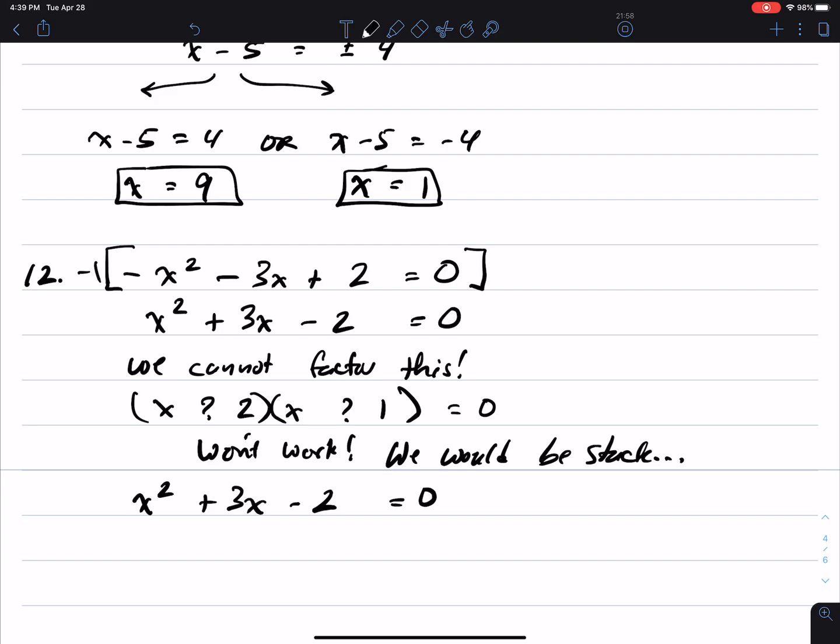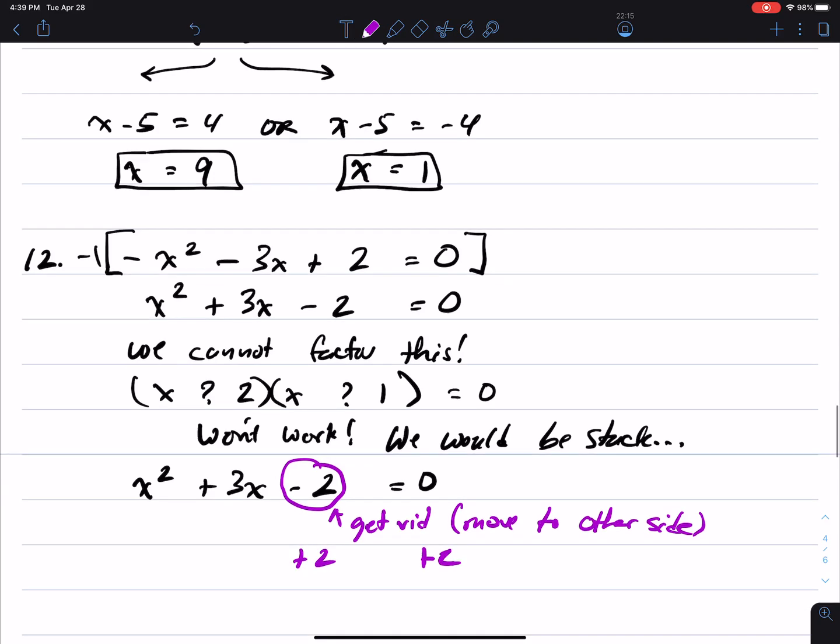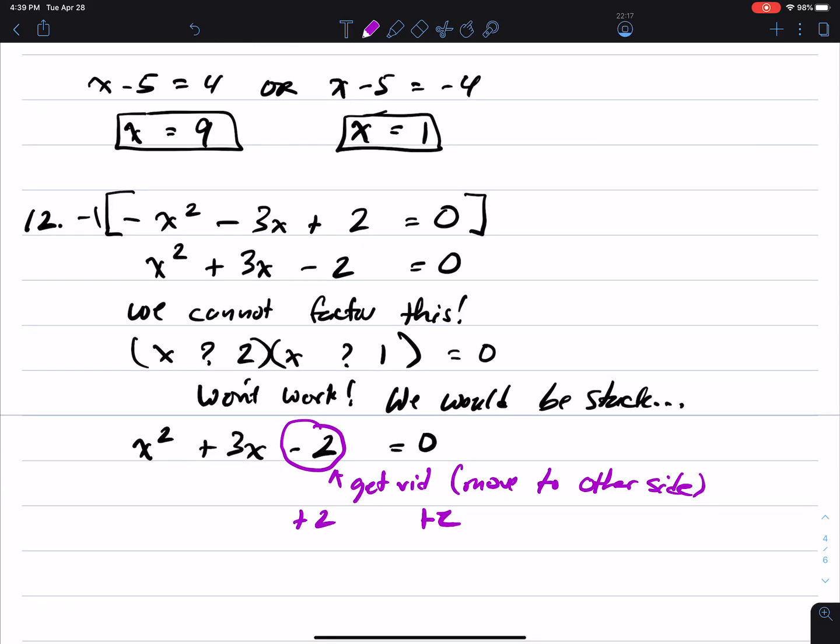Now, we haven't talked about this yet, but this is important. To complete the square properly, we need to get rid of this, by which I mean move it to the other side. What we need to do is add 2 to both sides. Get it out of the way, okay?